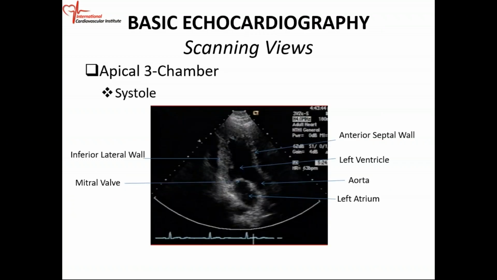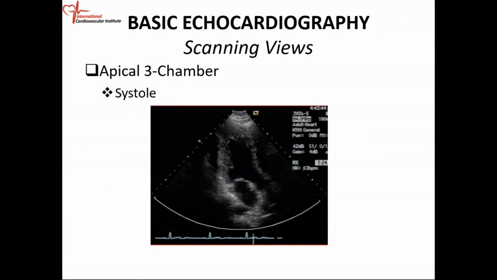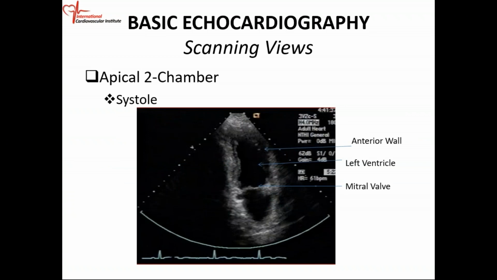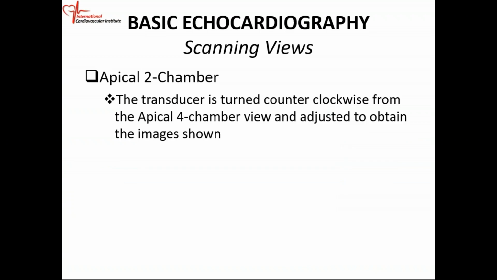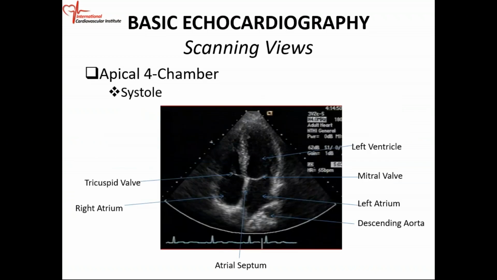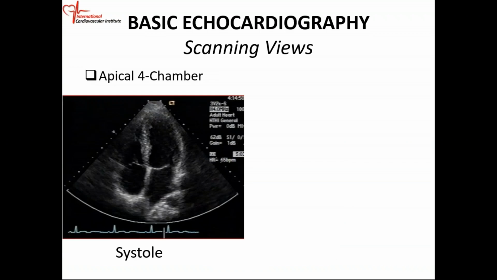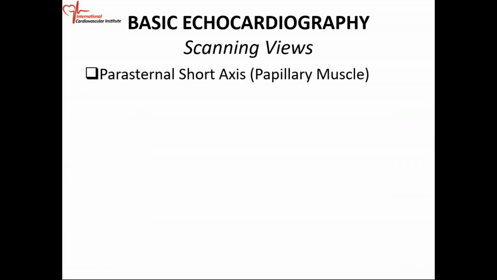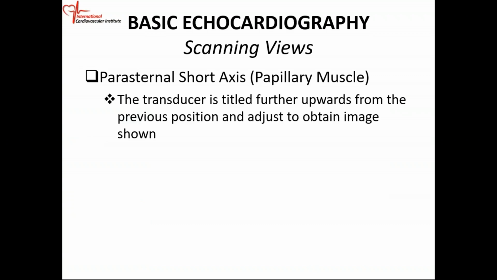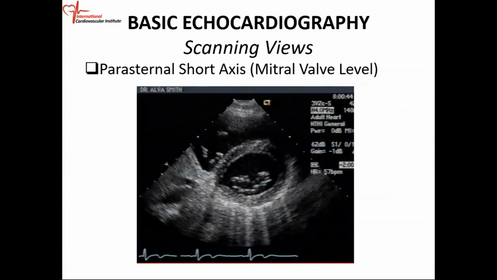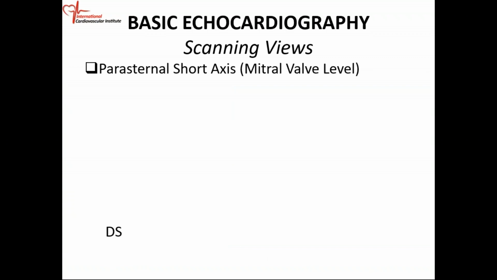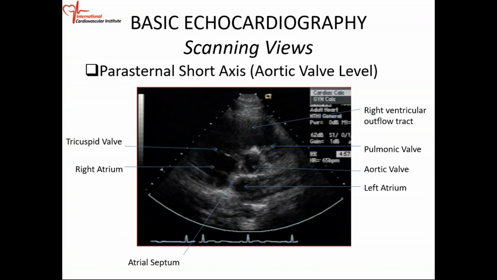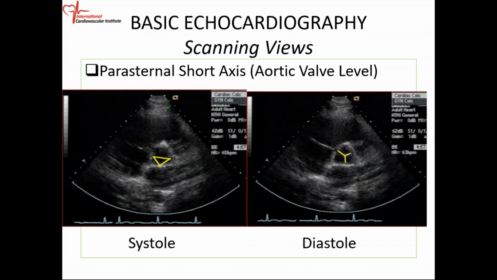All right. So just one other thing. In our parasternal long axis view, I don't think I pointed out to you guys, but the descending aorta in the parasternal long axis view is located, let me show you where it's located, because you have to be able to identify everything.